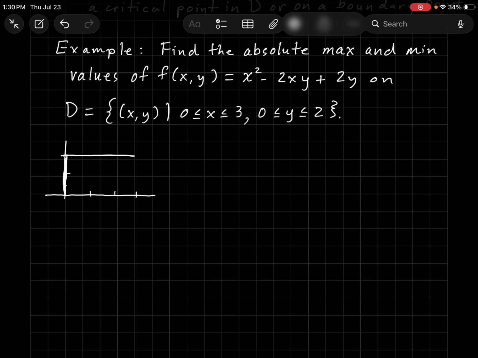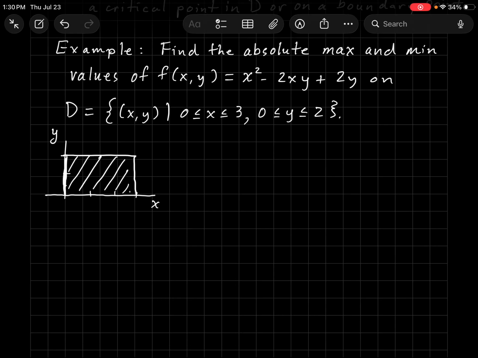So what we have here is a rectangle, including the boundary points as well as the interior points. So this is my domain, and imagine my function is coming out of the screen. Find the absolute max and min values of this function somewhere on this interval.